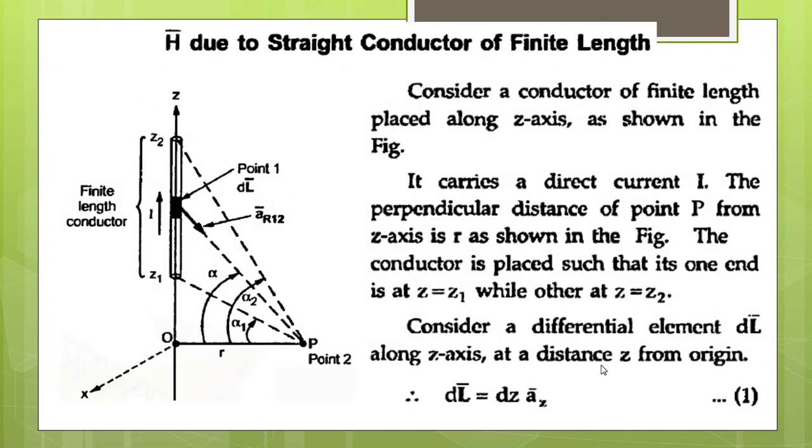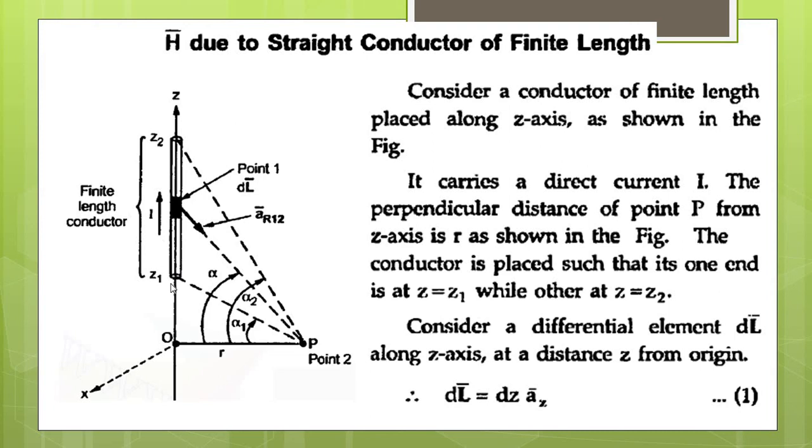Next we will see the magnetic field intensity due to a straight conductor which is having a finite length. So in the previous derivation we have considered the conductor to be of infinite length. Now here we will take a conductor which is having a finite length. So this conductor is also placed along the z-axis.